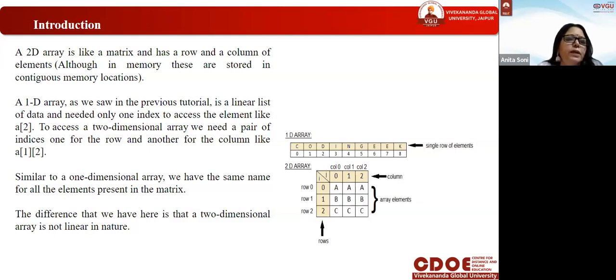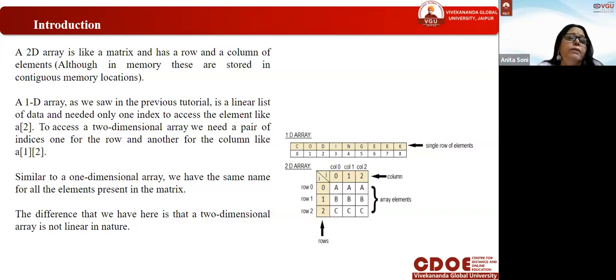In 1D array, in the last session you had seen it is stored in memory in a linear or sequential manner. In 1D array, we declare one dimension or one subscript. By using subscript, you can access the value of an array.